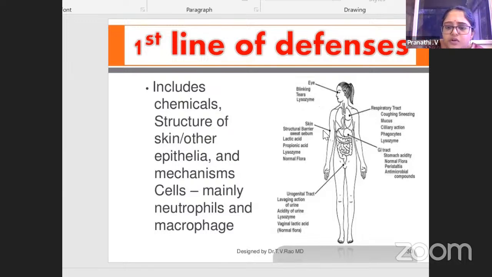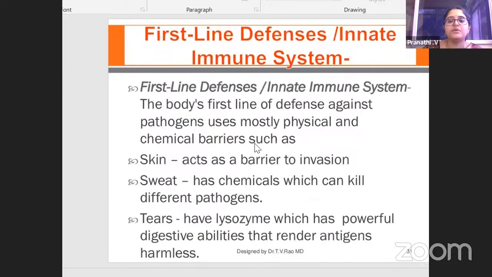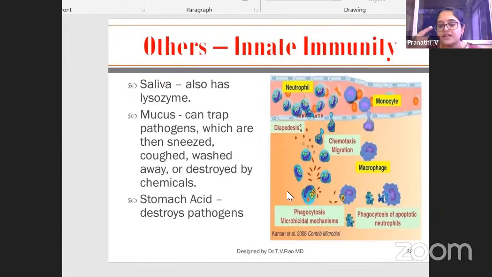In your urogenital tract, the urine pH, lysozyme, lactic acid, and gut bacteria present are all going to help. And at the same time, you have your skin, sweat, and tears, which have lysozyme, like I told you. Saliva has salivary lysozyme, and salivary amylases, which have a different function altogether.